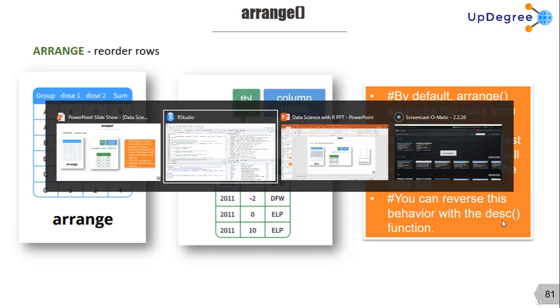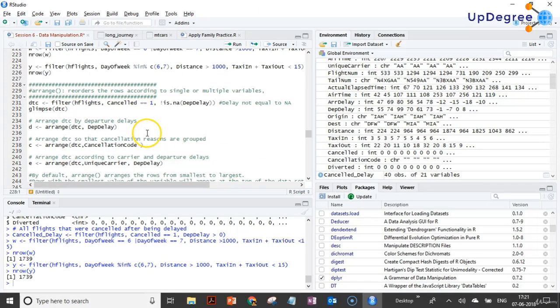So let's try to understand with a demo. As I said, the arrange function is used to reorder the rows according to a single or multiple variables or multiple conditions you have. Now, we are first taking all those flights where the flight was cancelled, and for departure delay at least there is not an NA value.